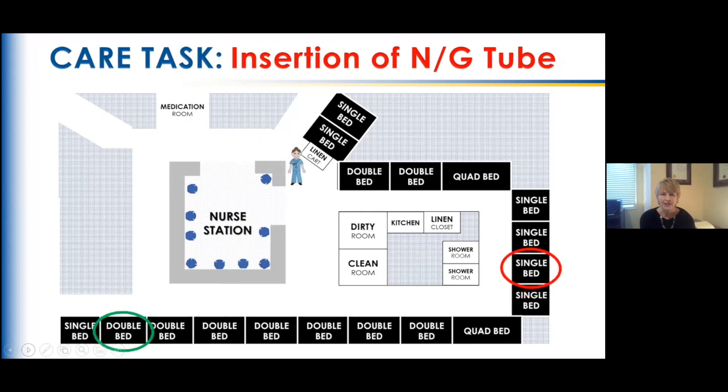They collect some supplies, go to the clean utility room, go into the patient room, perform the task, come back out, dispose of any dirty equipment and supplies, and then go back to the nursing station. These care task walking patterns were established in interviews with 2 subject matter experts, 2 nurses with 8 years and 12 years of experience in the study unit work environment.